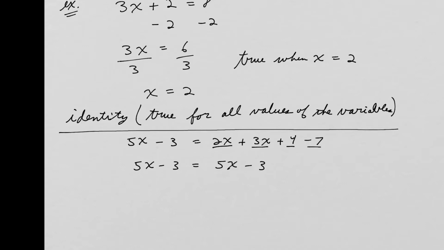Then if I add 3 to both sides, what happens is I'm going to get 5x is equal to 5x. And then you could even go further and subtract 5x from both sides, and you're going to get 0 is equal to 0, which is always true.